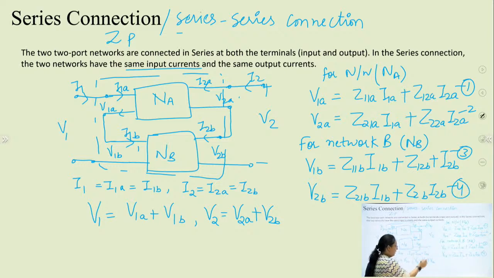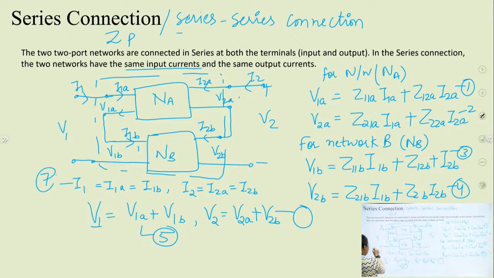Now, since I have these relations, I have to find the value of the overall parameters, that means Z11, Z12, Z21 and Z22, in terms of these two networks. If these two port networks are connected in series, what will be the resultant of the network? Let us say these are equation number 4 and equation number 5, and I name this equation number 6, this equation number 7, and this equation number 8.